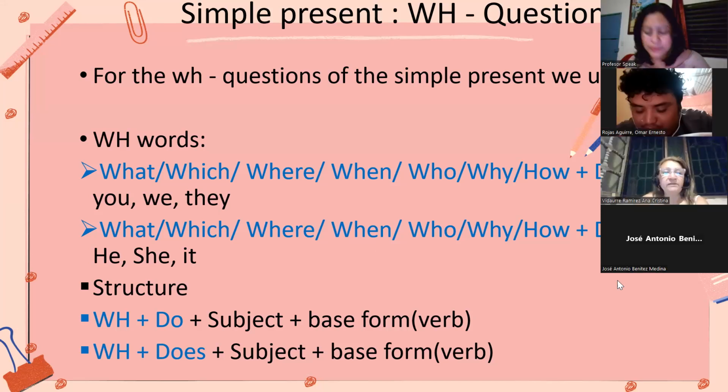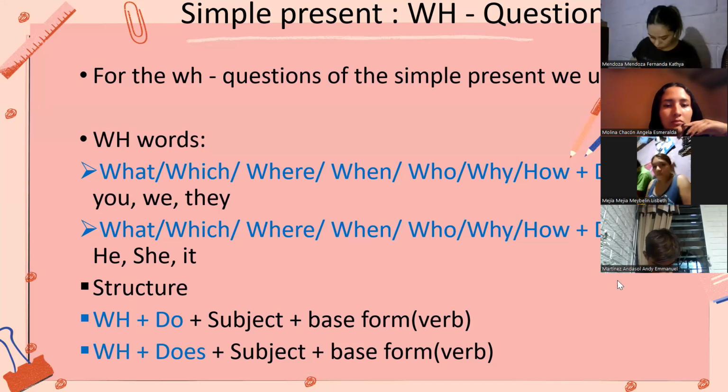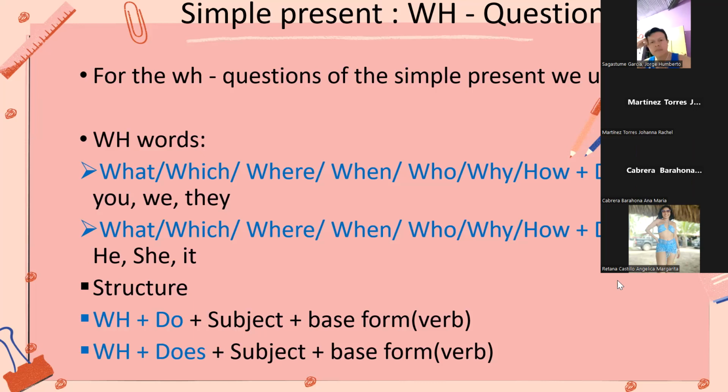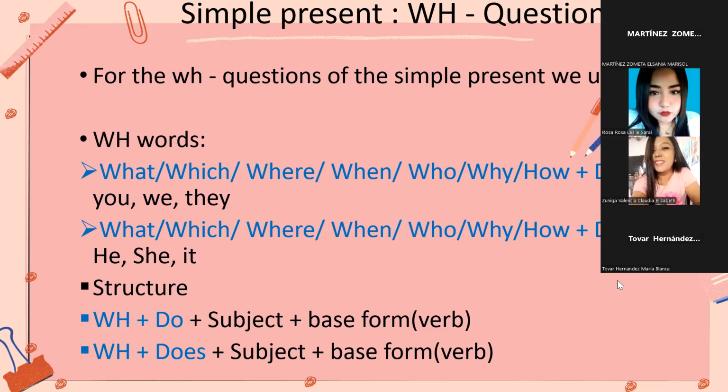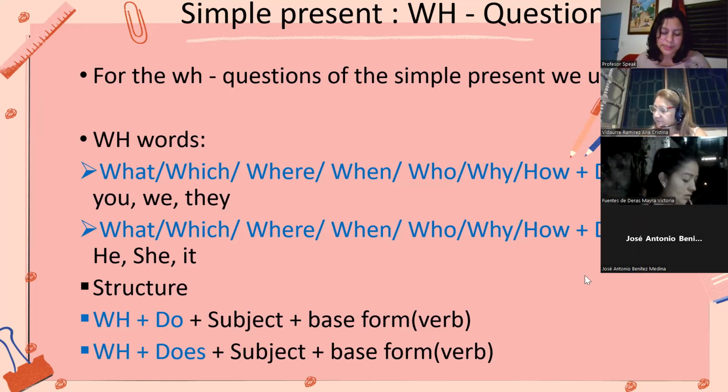Ah, quiero ver quién más. Mayra. Ya entré, teacher. Ah, ok. Entonces ya tenemos a Mayra, a Jorge. Me falta Liliana y Maffer. Ok. Bueno, espero que puedan entrar. Creo que es el link.